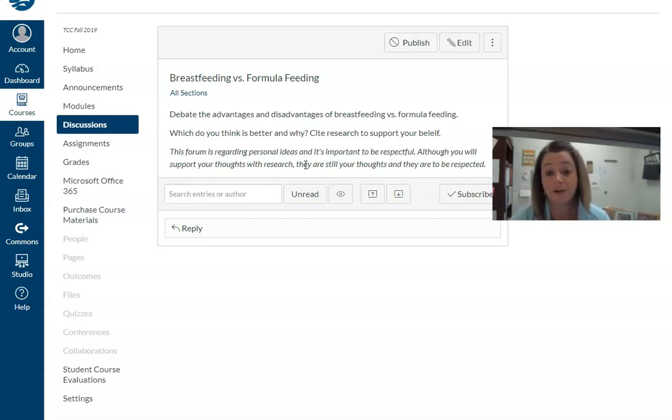I can't tell you how upset I was at the way that I was treated in the hospital and by people that I had considered my friends, who made me feel like I was a bad mother because I was not breastfeeding my daughters. With my first one, we found out she had such a severe allergy that we had to go with goat milk formula because it was the only thing that she could tolerate. And my younger one had to use soy.